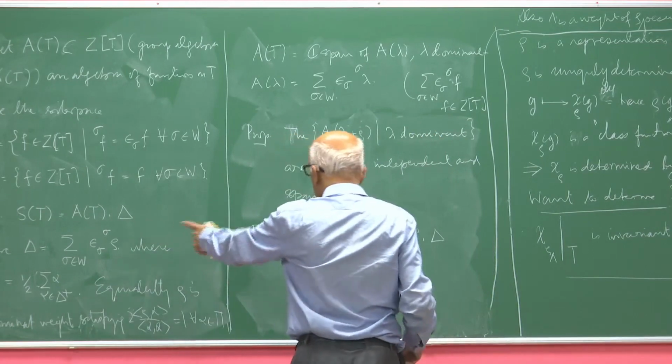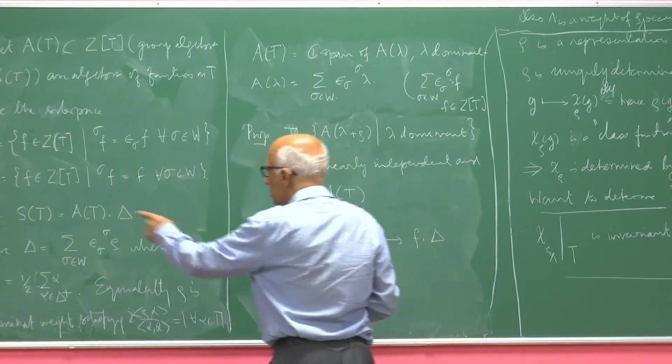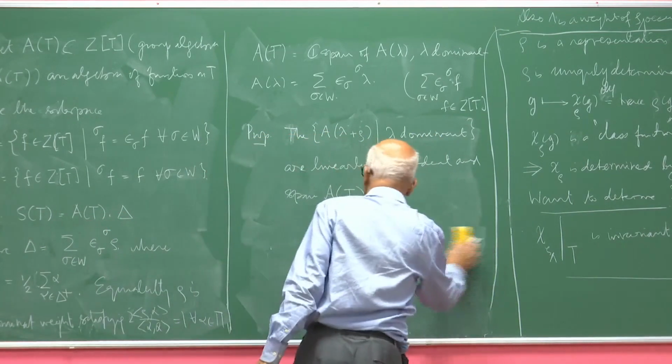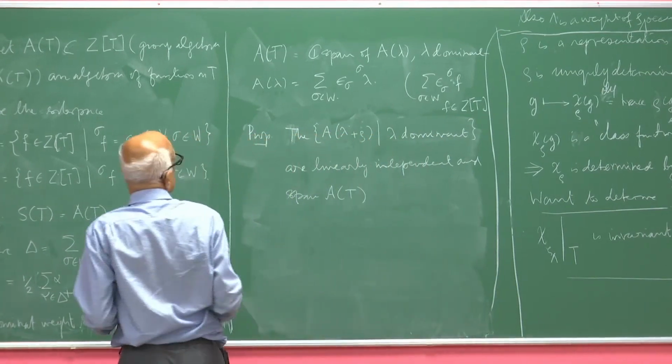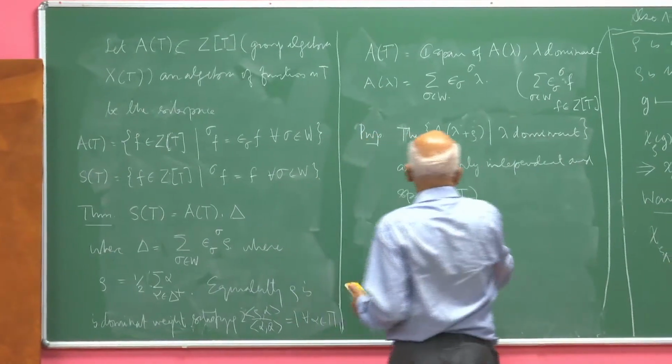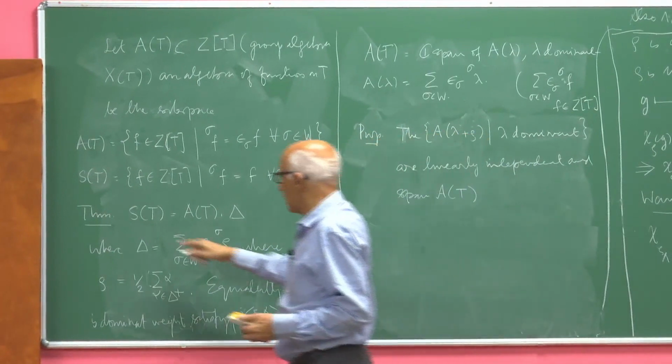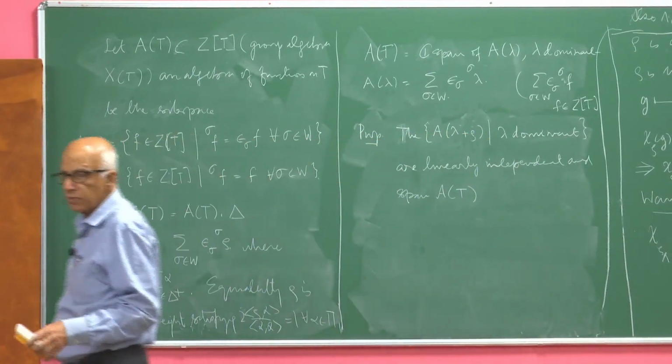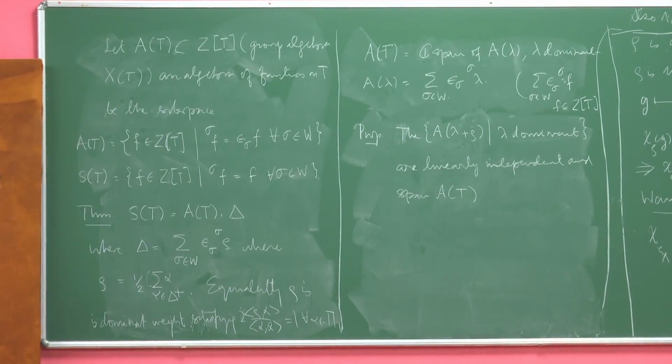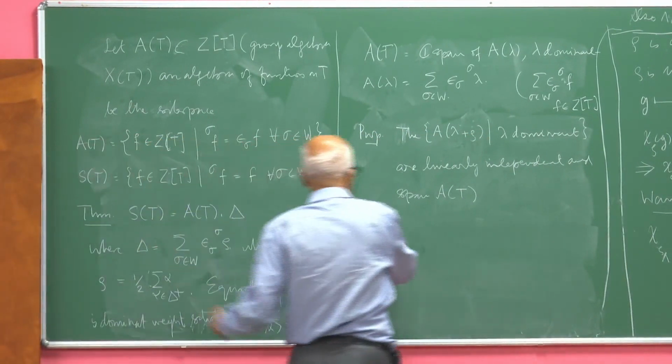I have this element delta here. So, I have already stated it as the theorem. This theorem tells you that AT is spanned by this, and I want to say ST equal to AT into delta. Okay. So, how do you get elements of ST?